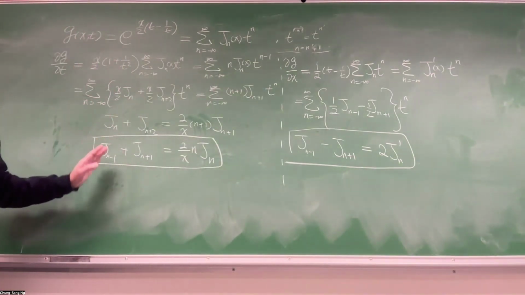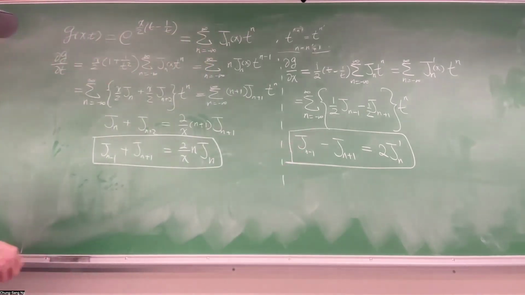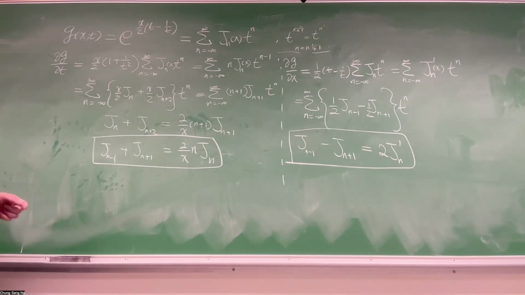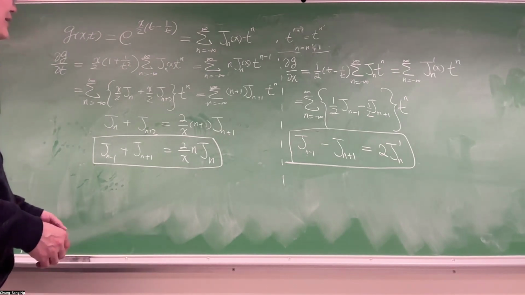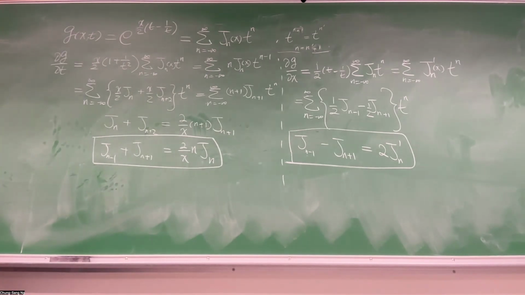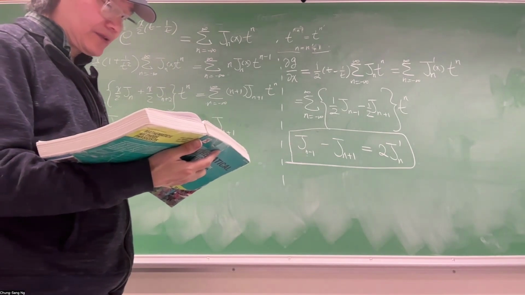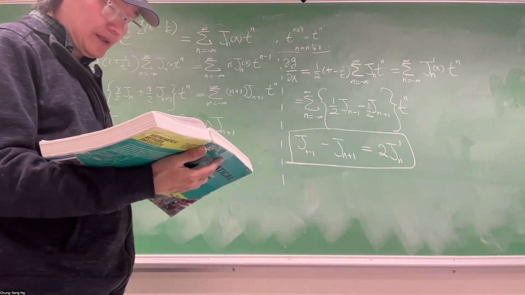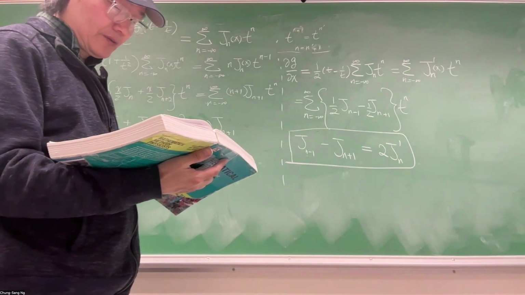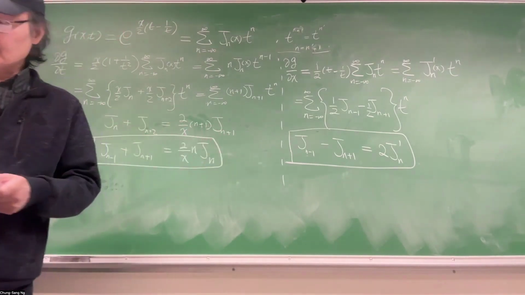Hopefully, it's just a few steps and you can get this recurrence formula, and there are a few immediate consequences of this recurrence formula. So 14.9 to 14.12. 14.9 is some special cases.